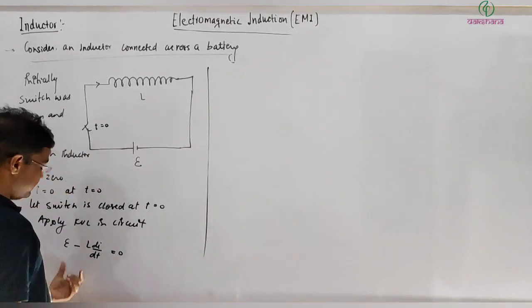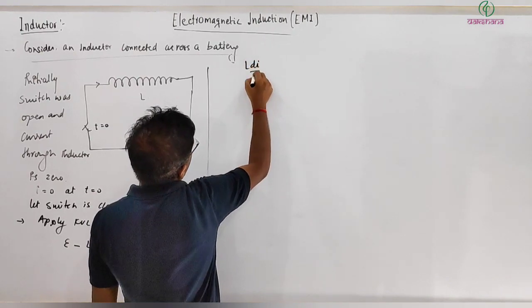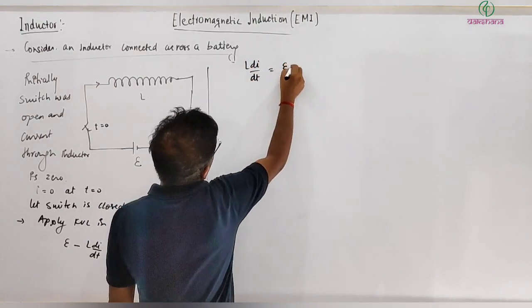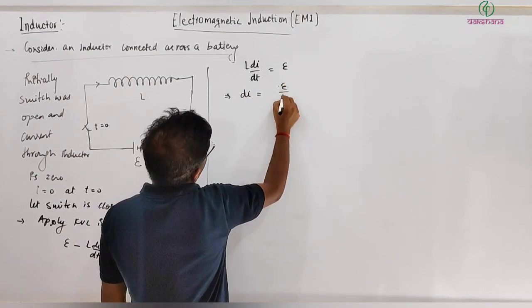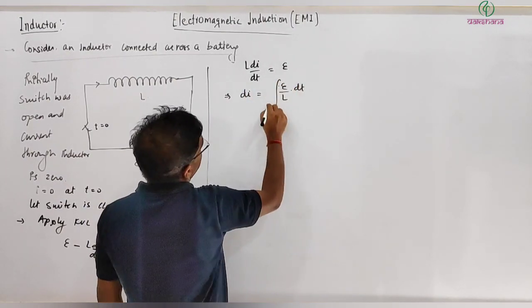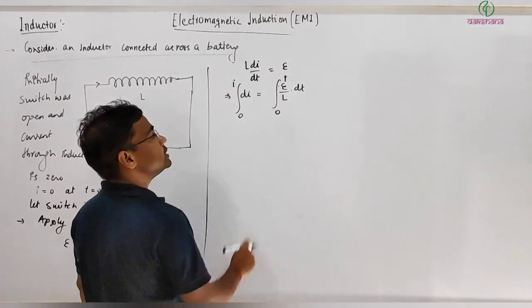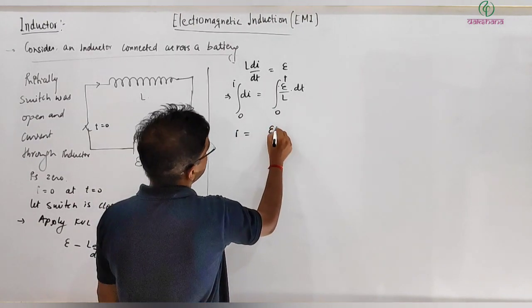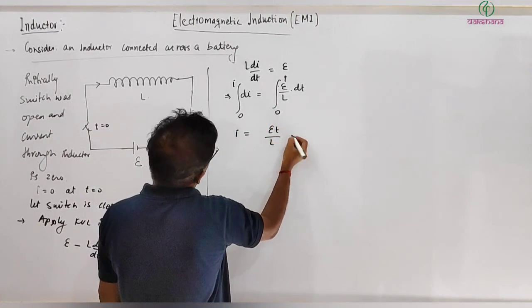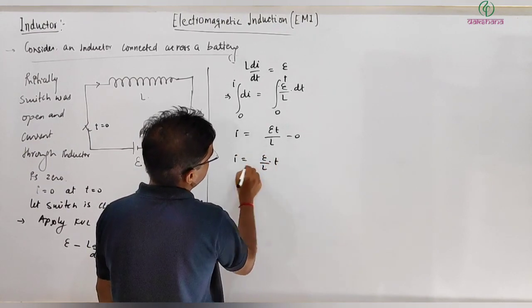This implies L di by dt is equal to E, and di equal to E by L into dt. Integrating both sides from 0 to t, current from 0 to I, we get I is equal to Et by L, so I is equal to E by L into t.